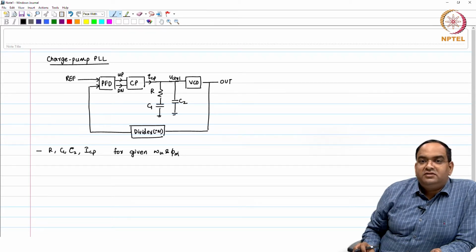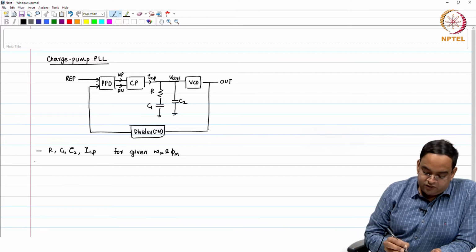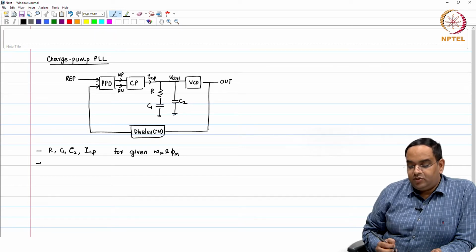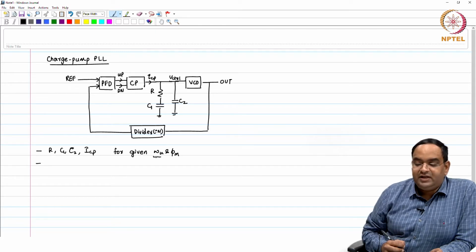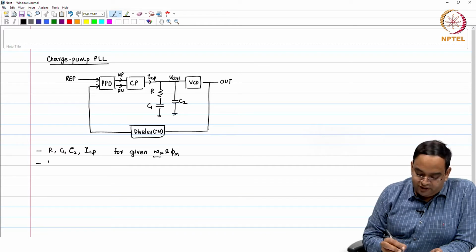The question arises: who decides omega u and phase margin? If we want this PLL to have minimum noise, then the noise is a function of omega u. So, I will first write final output noise.